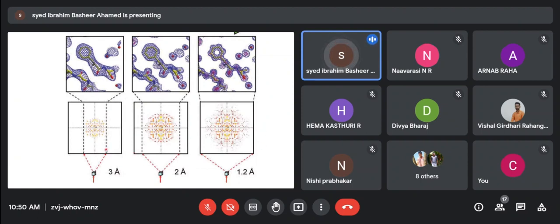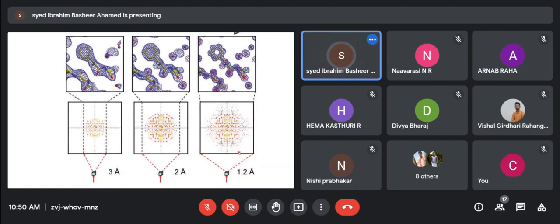So correspondingly, you see the reflection. You see the diffracted data from each resolution. At a low resolution, the number of available scattered intensities is very few, whereas here it is a little bit higher.